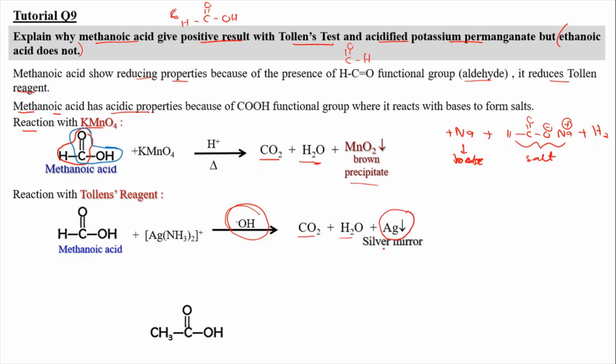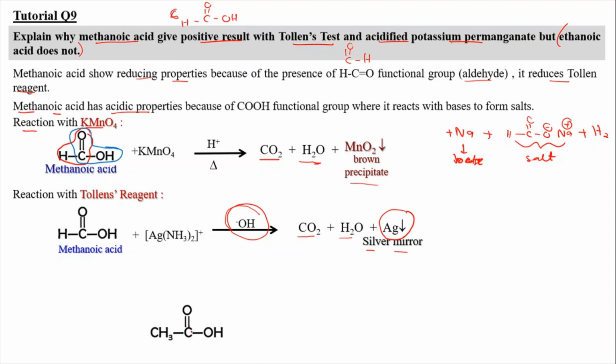So this is a silver mirror test, and the observation is that you can see a silver color on the wall of the test tube. And this clearly shows that methanoic acid can be oxidized, and can react with Tollens' reagent, which shows that it is an aldehyde.